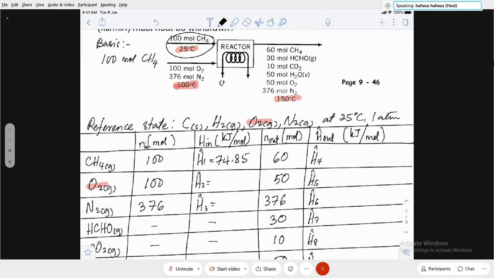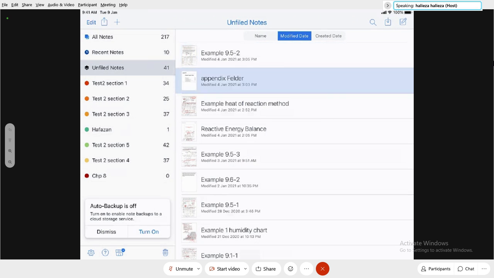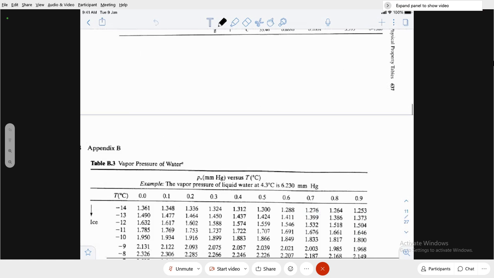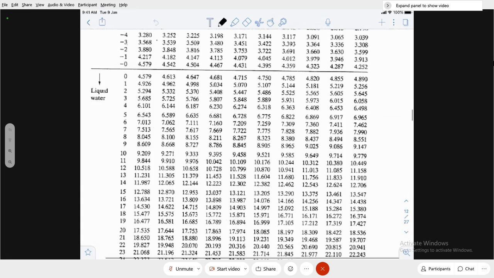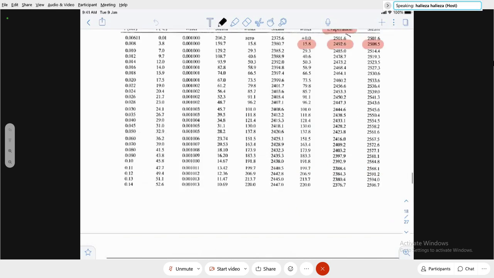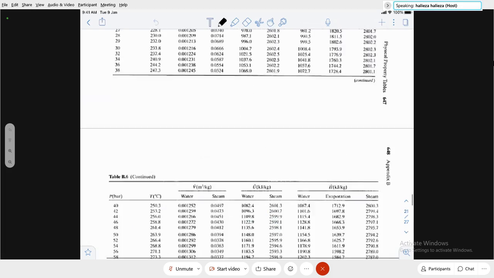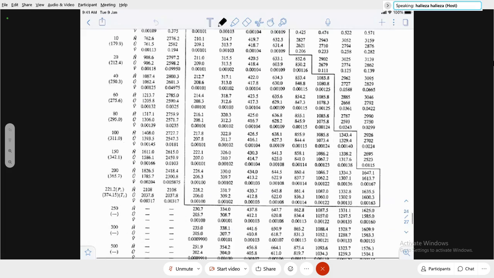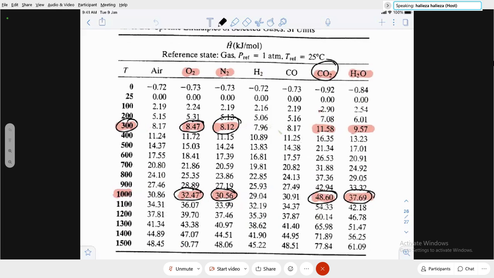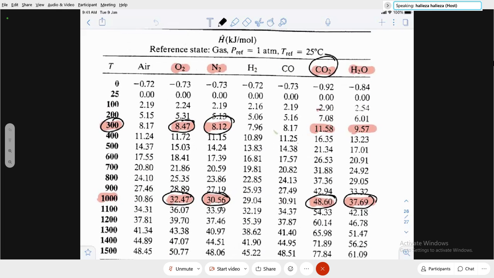So I'm going to go back to appendix B8. We're going to scroll all the way back. Yeah, here we are. Oxygen at 100: 2.24. I'm going to write that down.